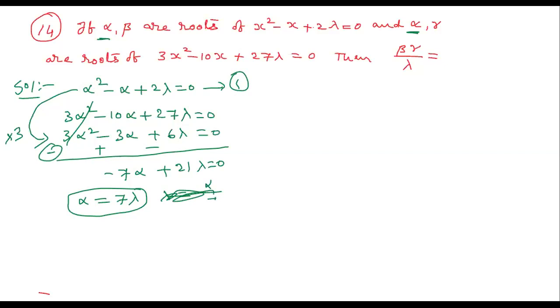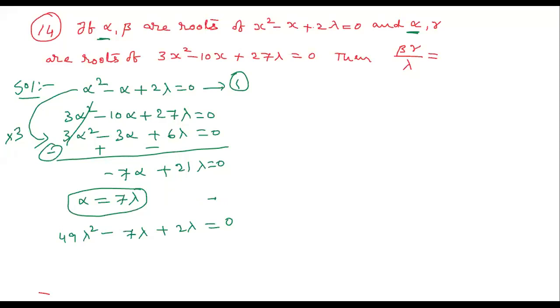In place of alpha substitute 7 lambda. What we get? 49 lambda square minus 7 lambda plus 2 lambda is equal to 0. Now see, what are the factors?